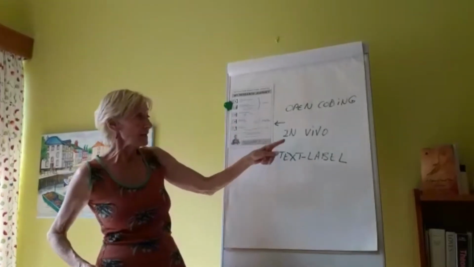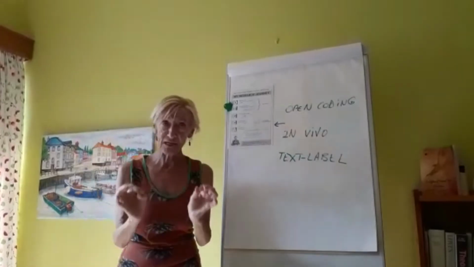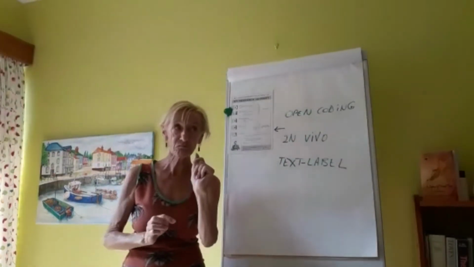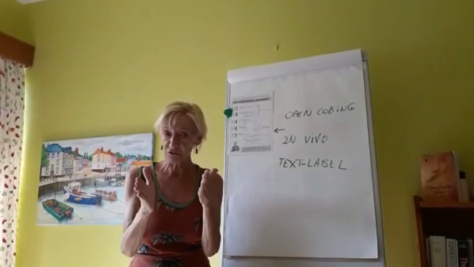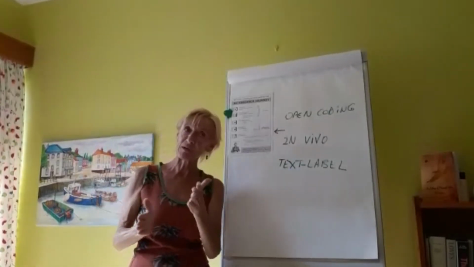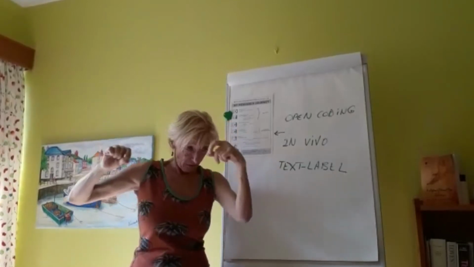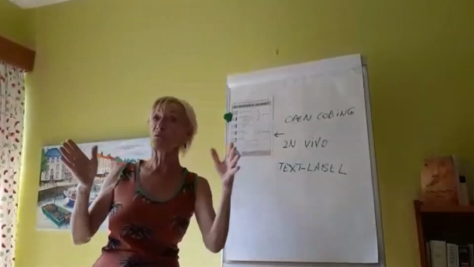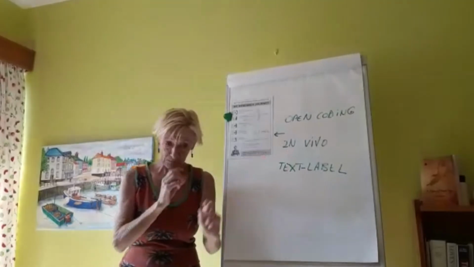Later on, you may give text labels to all your in vivo codes, but it is very important material, especially in qualitative research, that if you find somebody has said something that you intuitively know is important information for my research, you be able to capture that, code it, and also make sure you can afterwards go back to where in all your interview schedules you found the statement.